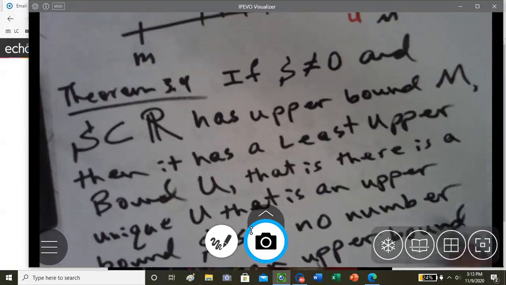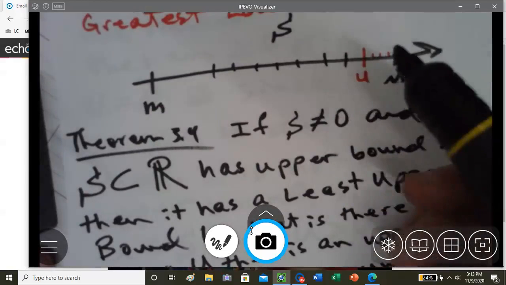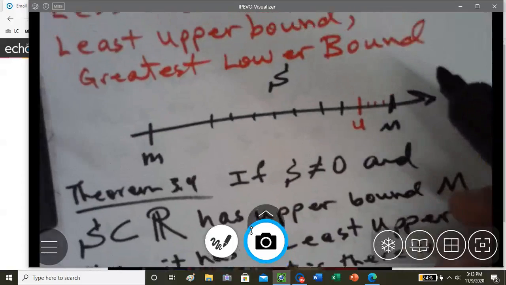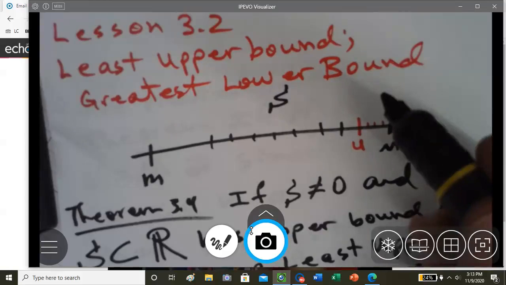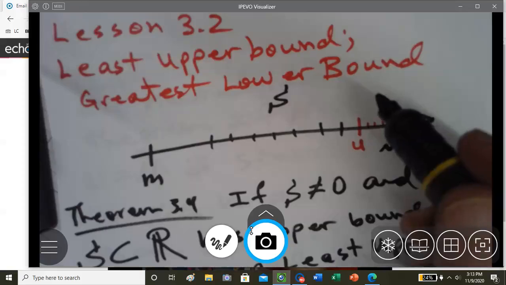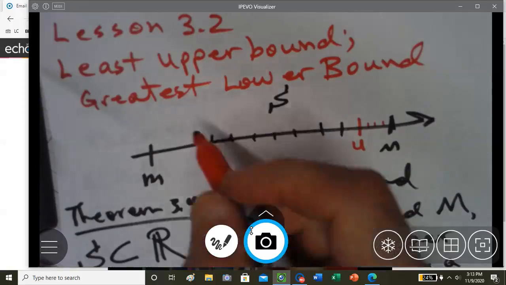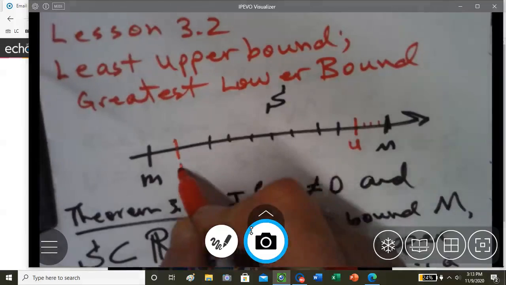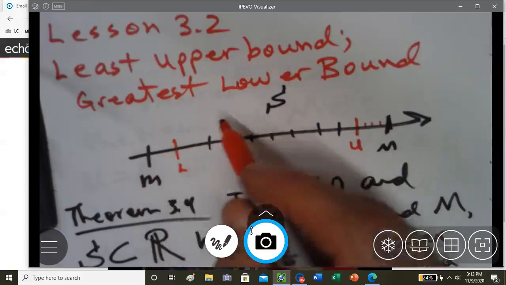So basically, in that case, there's also another number, we have an L, we'll call this L, is the greatest lower bound.